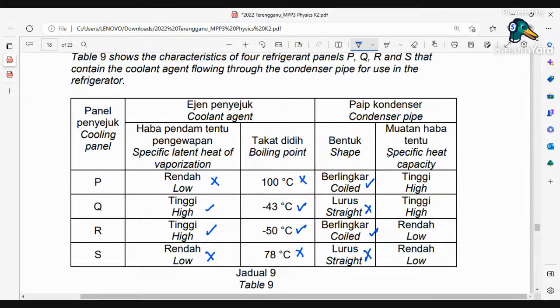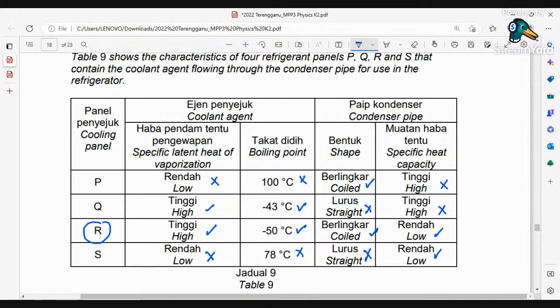The cooling effect must be higher when it is coiled, so that larger surface area is exposed to surrounding. Okay, specific heat capacity must be low. Okay, so from here I get R. Means I just explained that specific latent heat of vaporization is high, boiling point is low, shape is coiled, specific heat capacity low.